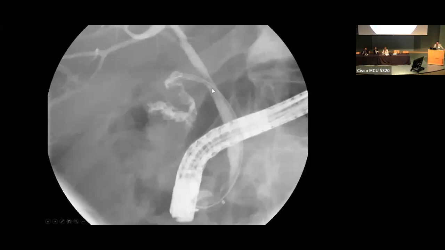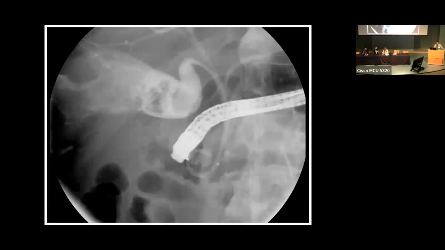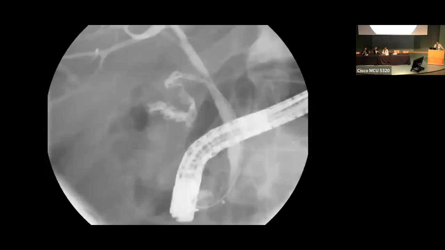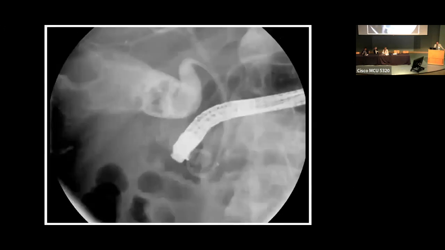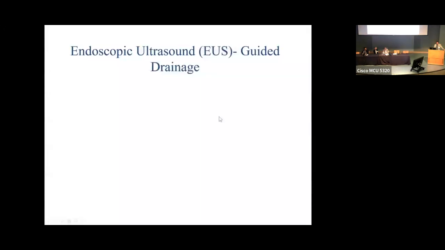Most of the takeoffs will be toward the right side, but not always. But then you can see the challenge once you're in the cystic duct is actually negotiating the cystic duct. I usually use hydrophilic guide wires, and eventually you get a guide wire deep, and then again, a double pigtail stent into the gallbladder.